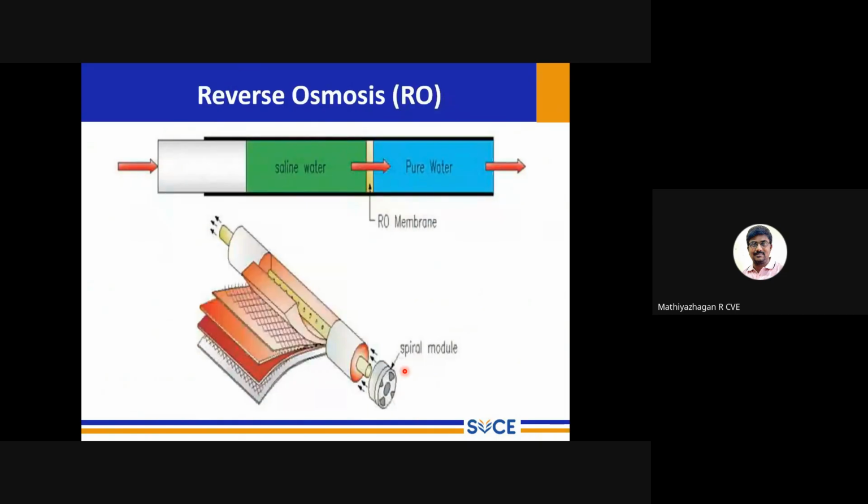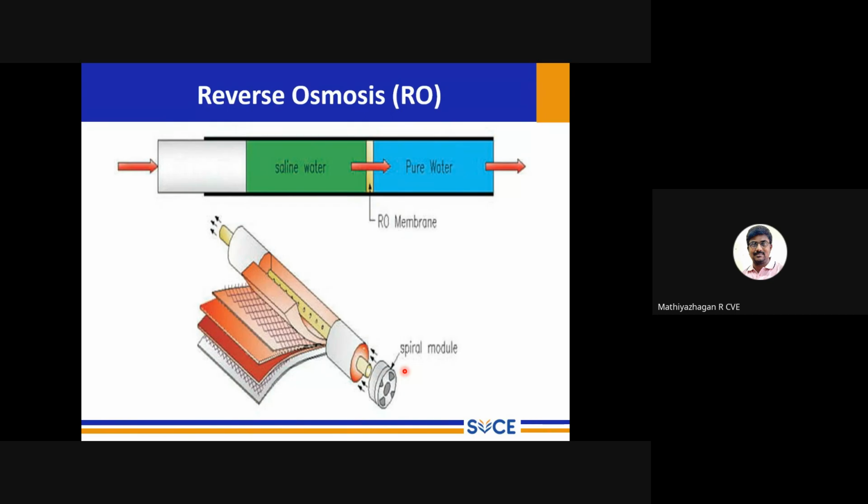We know that when we have a membrane separating two different concentration levels, the chemical passes from the lower concentration side to the higher concentration side during osmosis.